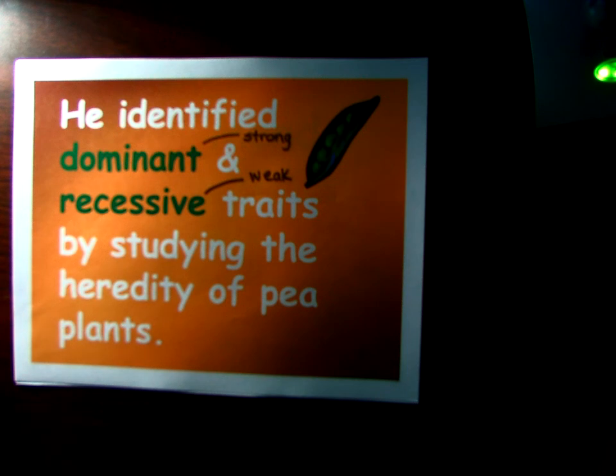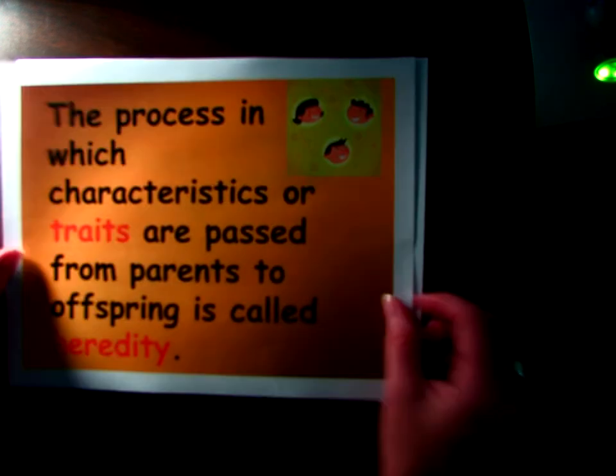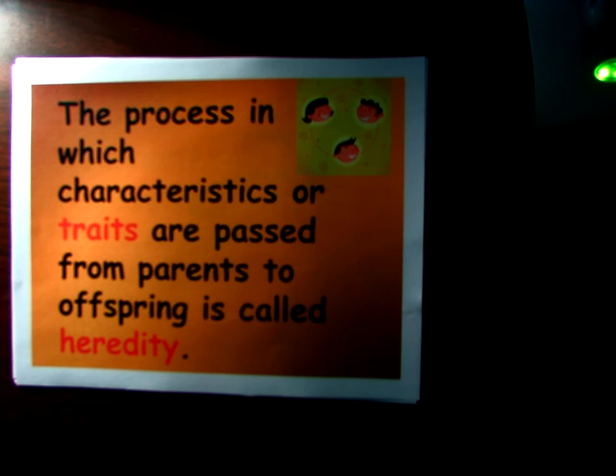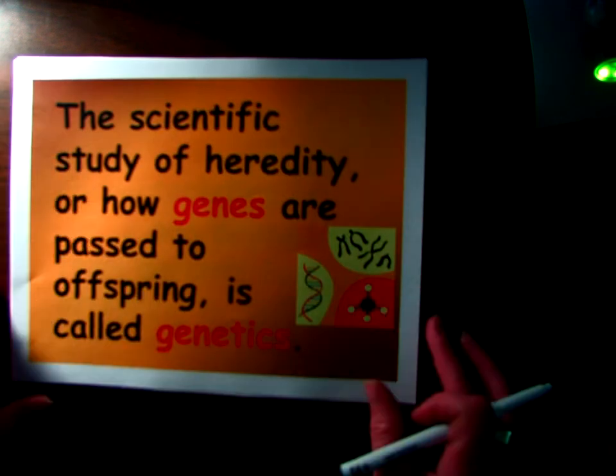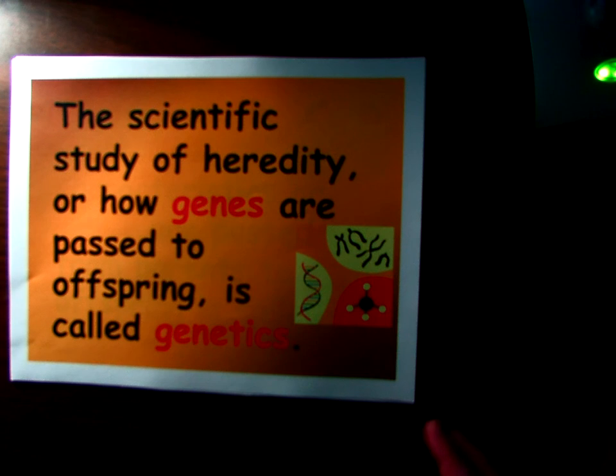All right. The process in which characteristics or traits are passed from parent to offspring is called heredity. We notice heredity because when we look at ourselves, we notice some features come from our mom and some come from our dad. Now, there's also the scientific study of heredity, or how genes are passed to the offspring.